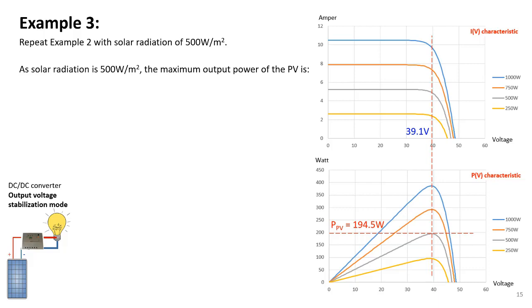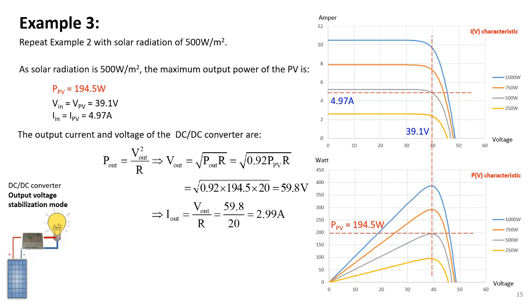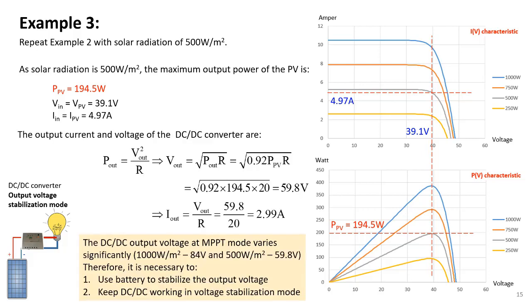The input voltage and input current of the DC-DC converter are 39.1 volts and 4.97 amperes respectively. At the output of the DC-DC converter, we gain Vout of 59.8 volts and Iout.